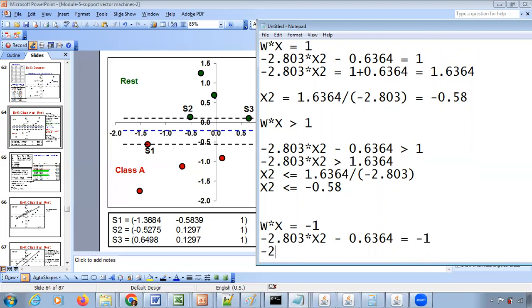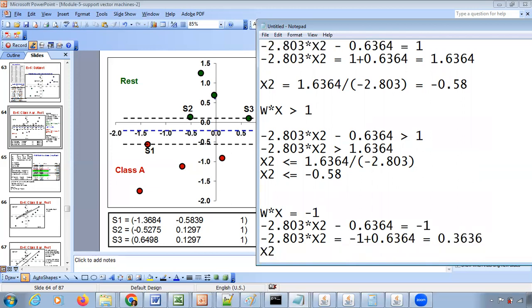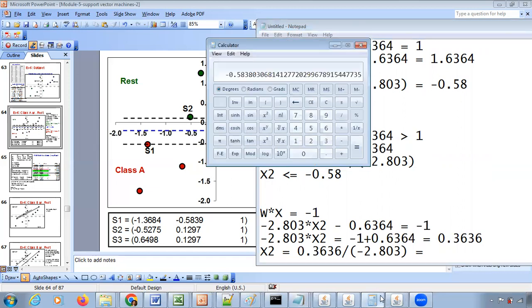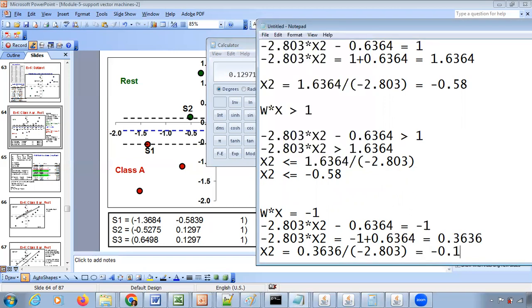So -2.803 times x2 equals -1 plus 0.6364. That's going to be 0.3636. So x2 equals 0.3636 divided by -2.803. That's going to be -0.13.